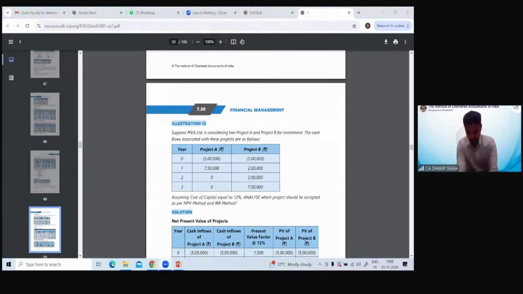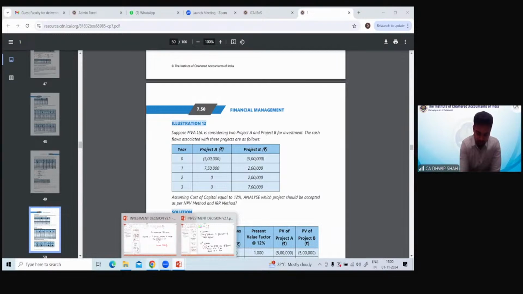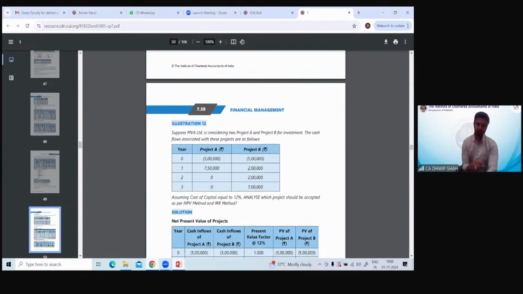Yes, there is a timing difference also, but the point in illustration 12 is more about showing you the conflicting result due to unequal life, uneven life. Project A is only for 1 year, so obviously the entire cash inflow would be generated in that year itself.